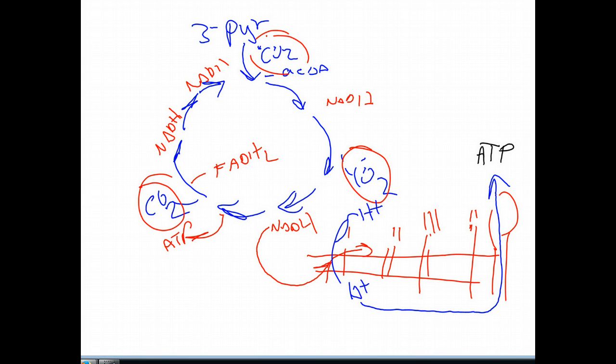A lot of ATP. In fact, if you do the counting, if we burn a glucose molecule, we produce about 36, 38 ATPs. That's a lot of energy that we produce.